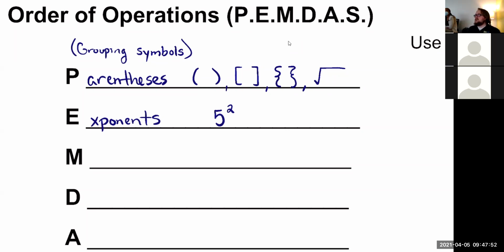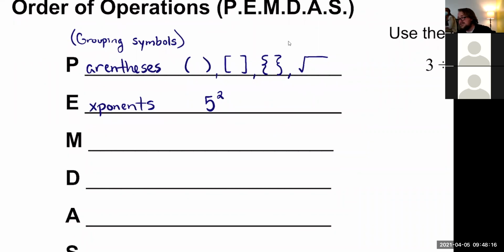I'm not going to go too much into detail with it yet, because in unit 4, we actually spend an entire day talking about nothing but exponents. There's a whole lot more going on with them than what we typically just use them for. So they'll come up a little bit today, but after today, they won't come up again until unit 4. But they do come second in our order of operations.